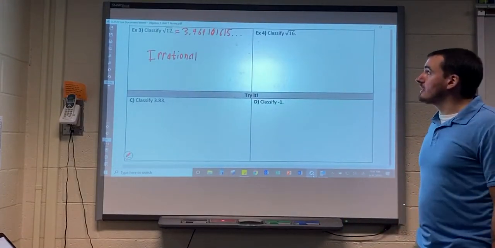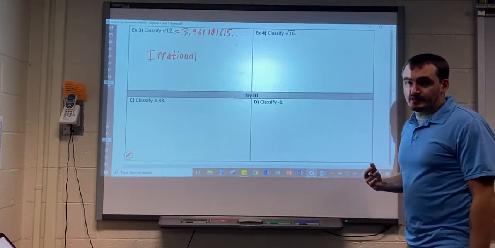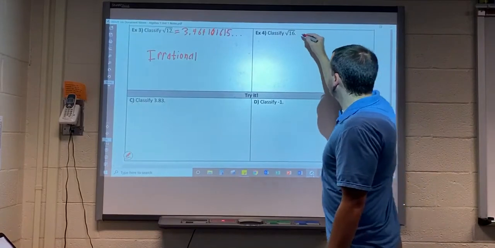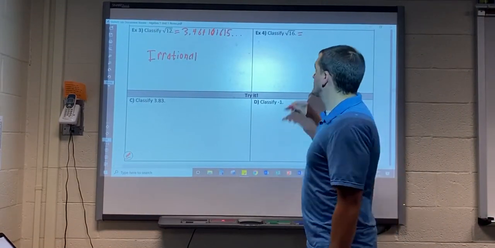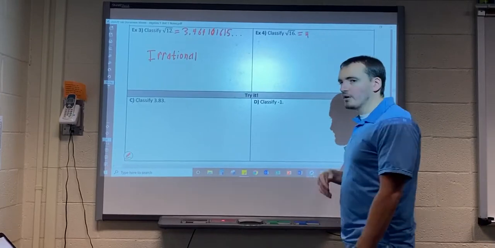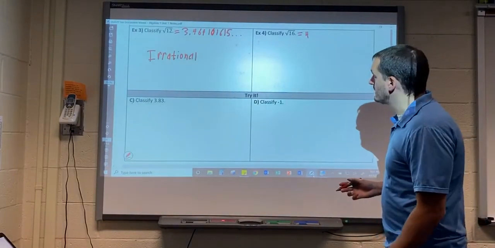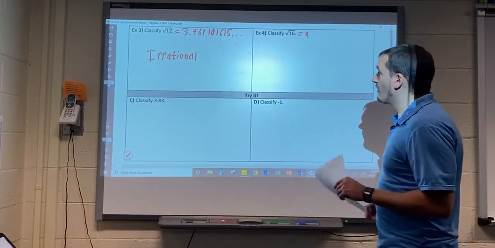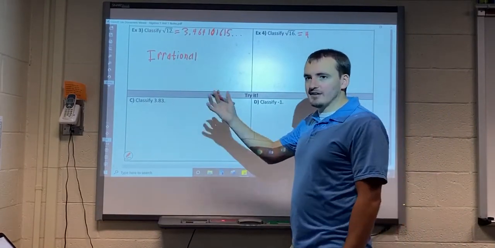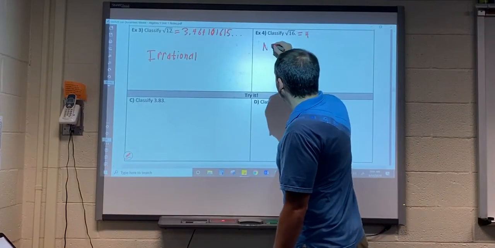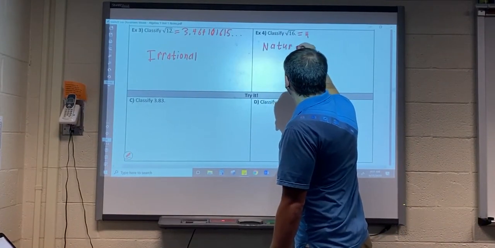Example 4, root 16. If we simplify root 16, what number times itself gives us 16? That is 4. We could also do that in our calculator if you wanted to. Okay? So the number 4, we have to ask ourselves, was that a natural number? If I'm counting things, am I going to use that number? Yes. Okay?